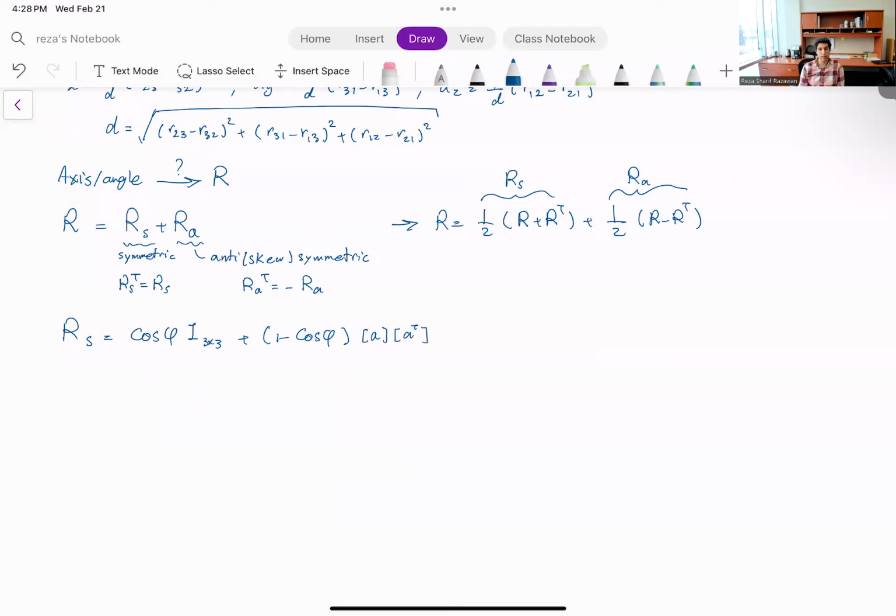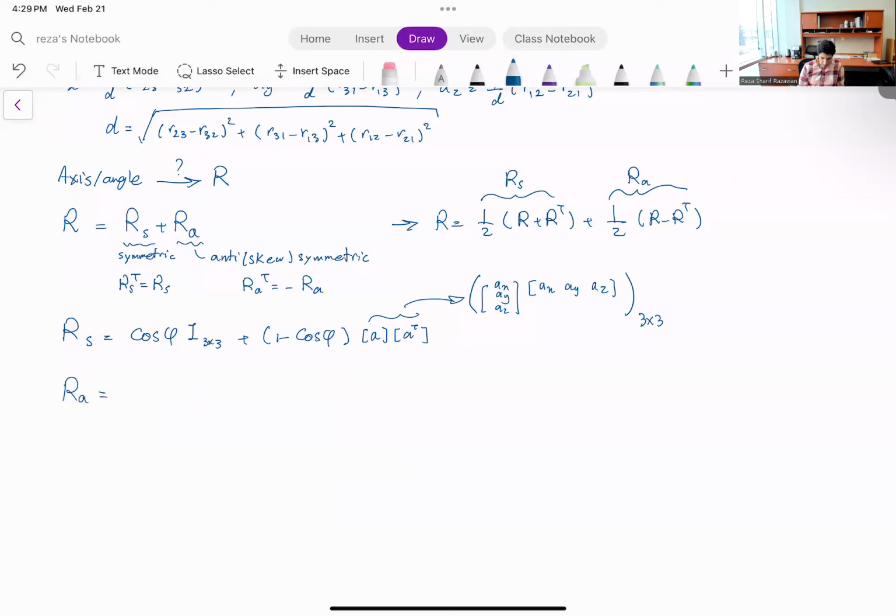A is a vector, but I'm writing it in matrix notation, so this is AX, AY, AZ multiplied by the transpose AX, AY, AZ. This one is also a 3 by 3 matrix. That is the symmetric part.